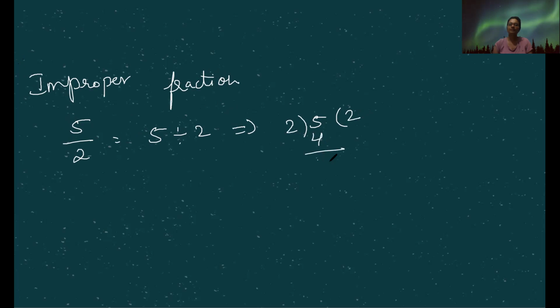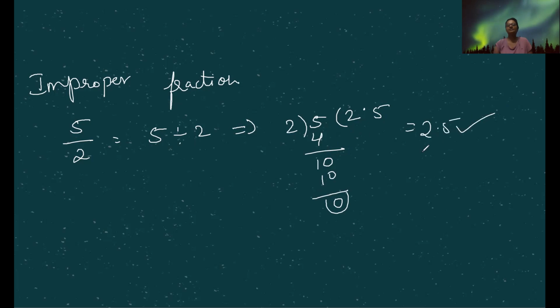I'll do normal division. 1 is the remainder. Now I'll put a decimal here. Before, you put 0 point decimal because at the very start you had to add 0. But here, after some time you are adding 0. So now I'll put a point, I'll put a 0, and then 5 2s are 10, 0. Finish. So the answer is 2.5. This is how you will do it.